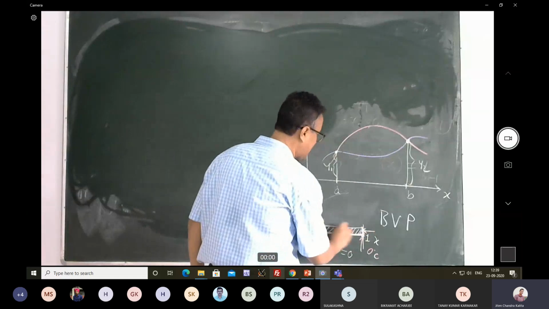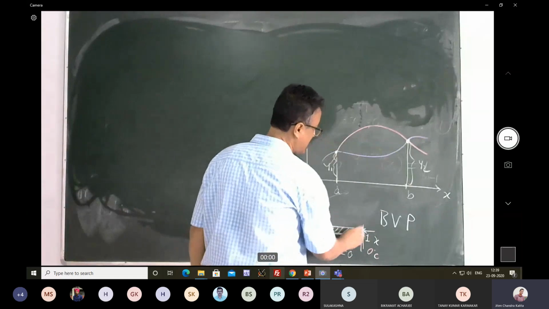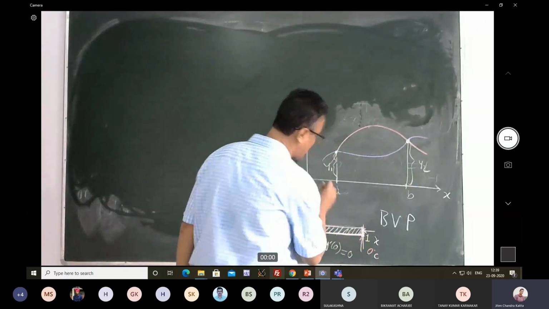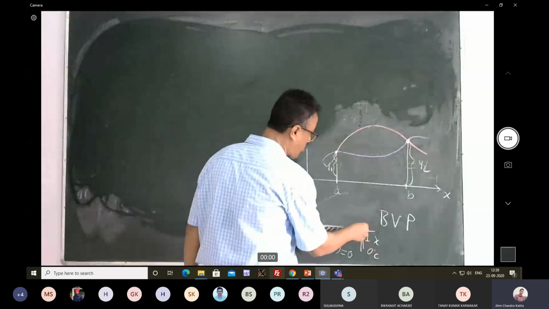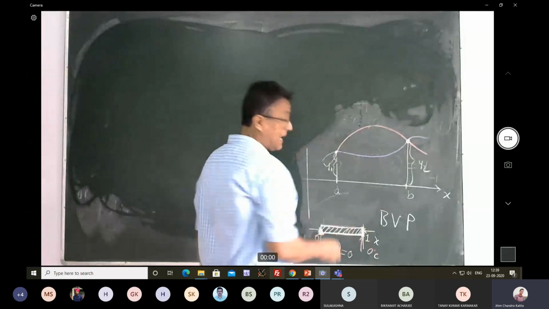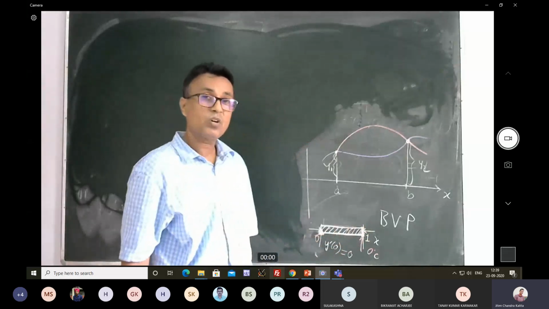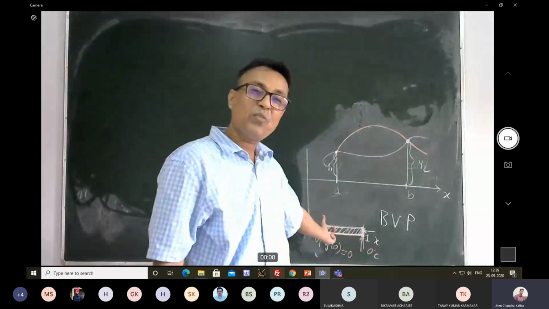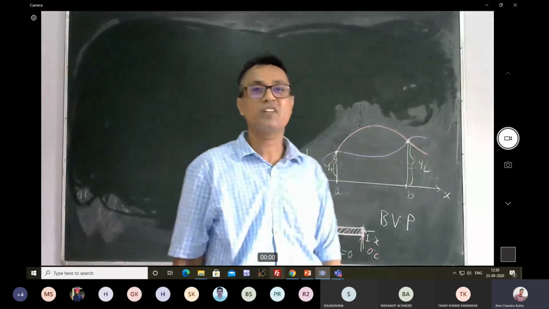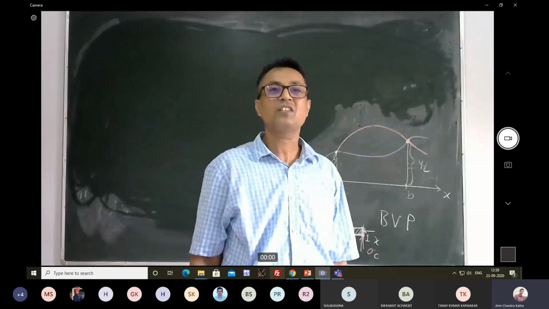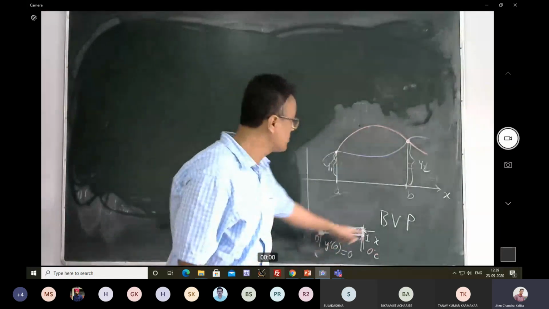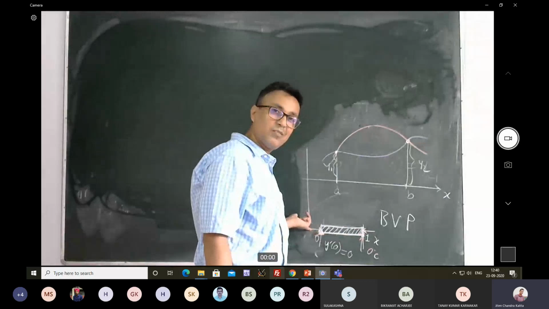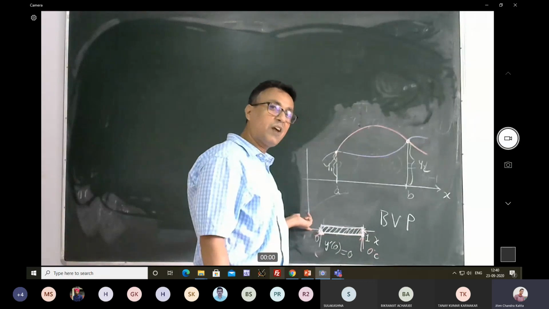Now, had I considered this bar to be a two-dimensional region, then in this rectangle, remember, whenever you consider a domain, that is the domain in which we are going to solve the differential equation. That domain doesn't necessarily have to be a beautiful rectangle like this. It can have an arbitrary shape.